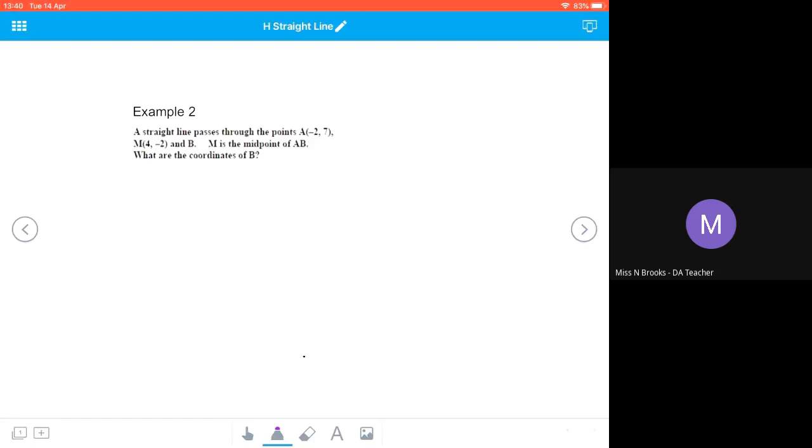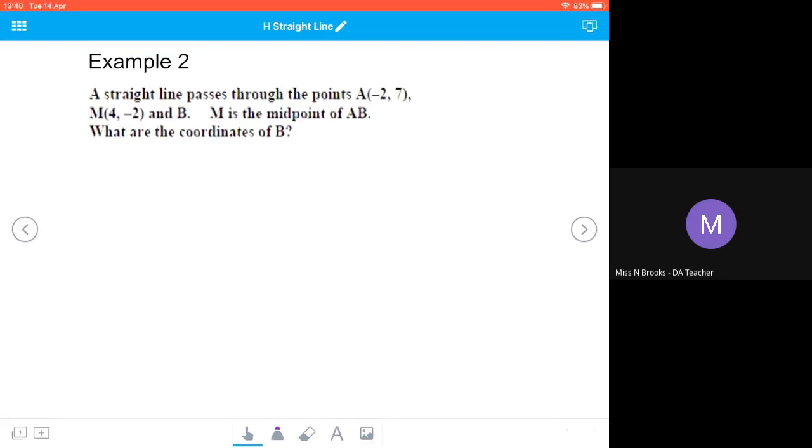Now, what happens if we're given one of the points on the line segment and the midpoint? How do we go about working out the coordinates of B? Well, again, there are two ways that we can do this. First of all, we can do it algebraically, or secondly, we can do it graphically, and I'm going to show you how to do both of those ways. So the first thing we're going to do is we're going to use the formula. We're going to split it up into the x coordinate and the y coordinate separately.